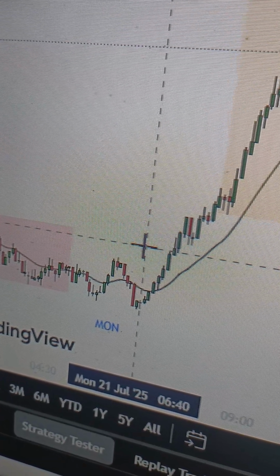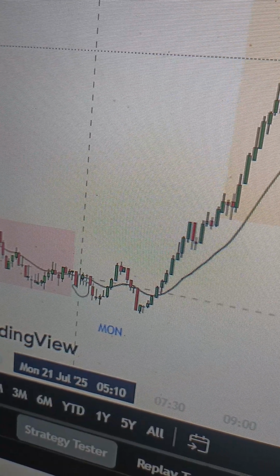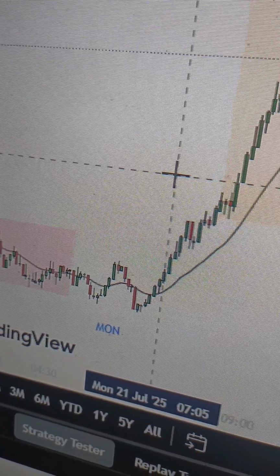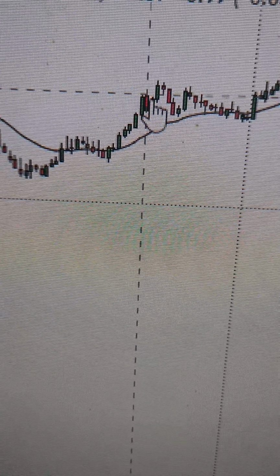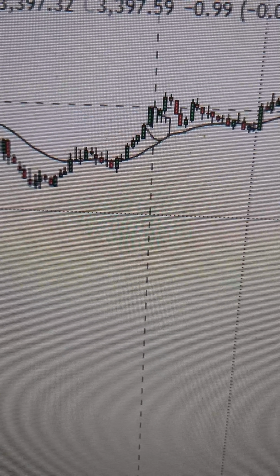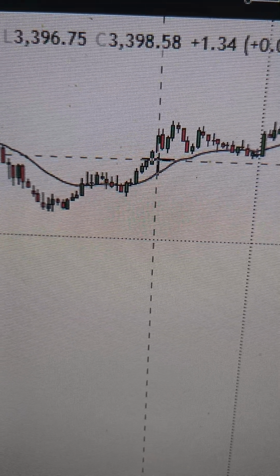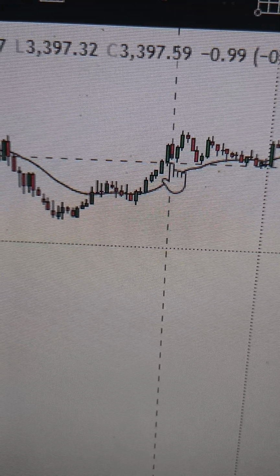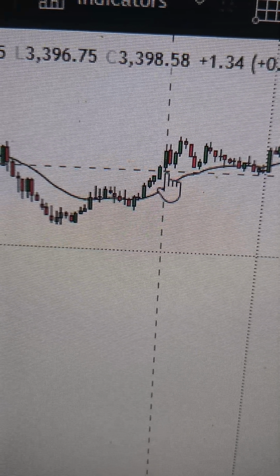But there are pullbacks which are not pullbacks. You cannot consider them as pullbacks because they did not close below. Like, you see this red candle, right? This candle did not break the low of this green candle, so we cannot consider this a pullback.